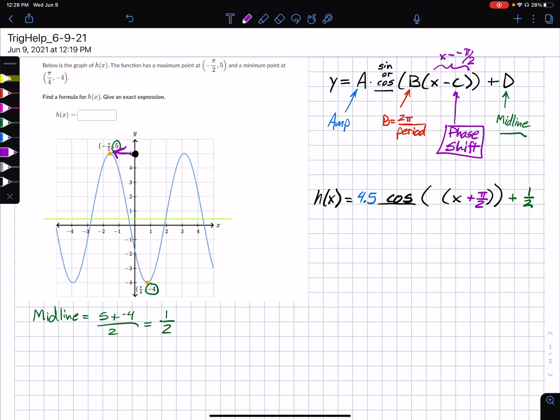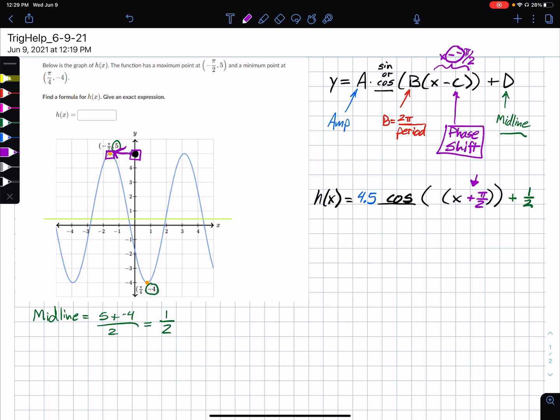Whenever we have a horizontal translation, where the graph moves left or right, left is going to be a negative value on the x-axis, but ends up with a double negative in the formula. So that's why we see this as a plus pi halves. Okay, so you basically look at where it should be and where it actually is, and that was a movement left, so we are writing in plus pi halves.